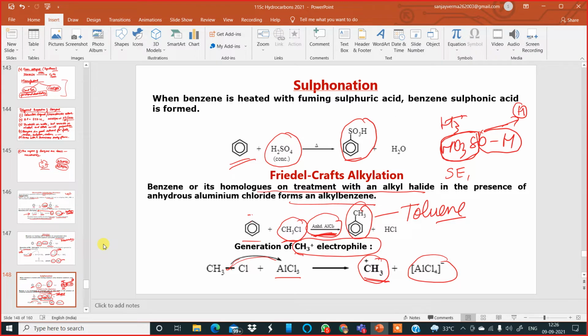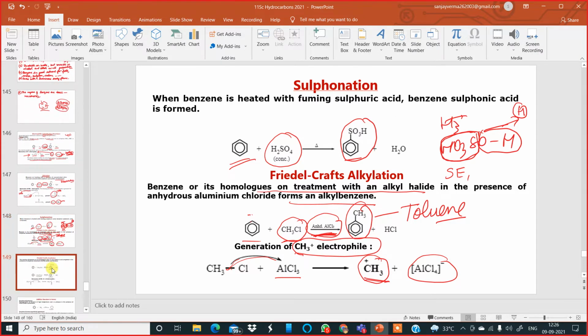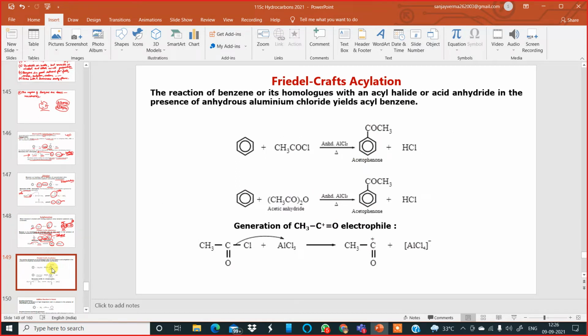Then the next reaction we can see on the screen is Friedel-Crafts acylation, with acyl chloride, acetyl chloride. Look at this, acetic anhydride. This is acetyl chloride.